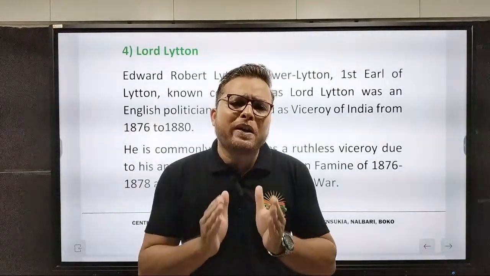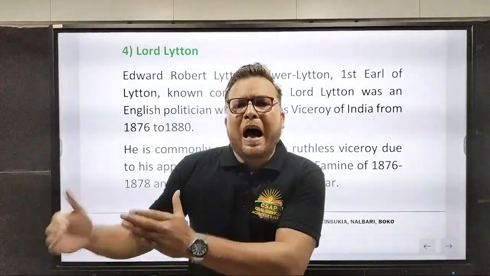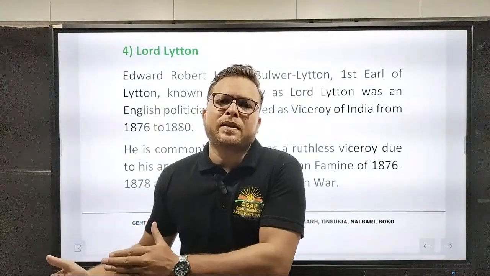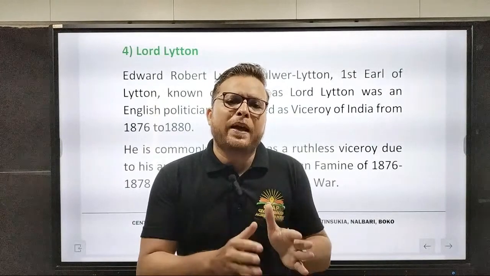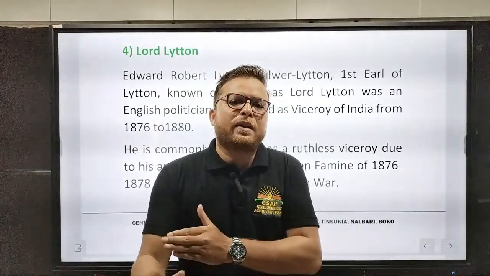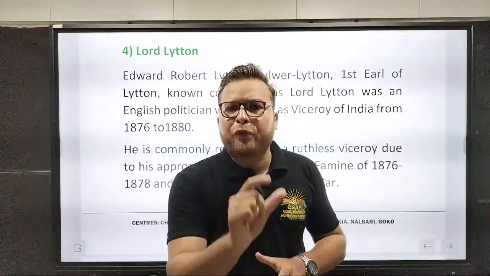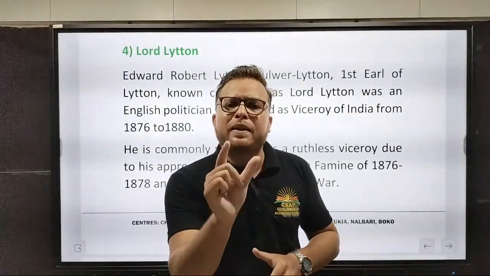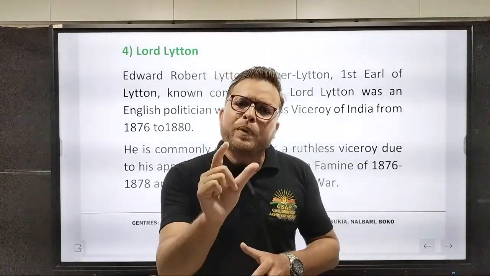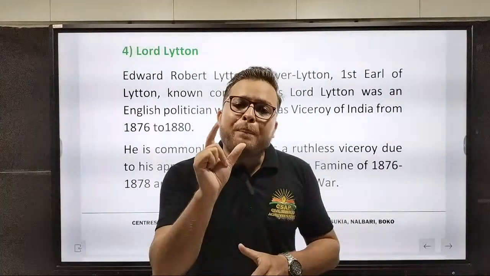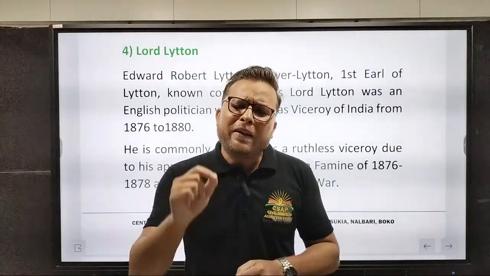Out of all the famines that took place during the later half of the 19th century, that is after 1850, there was one particular famine which started in 1876 CE and lasted till 1878 CE, and that particular famine affected peninsular India very, very badly.